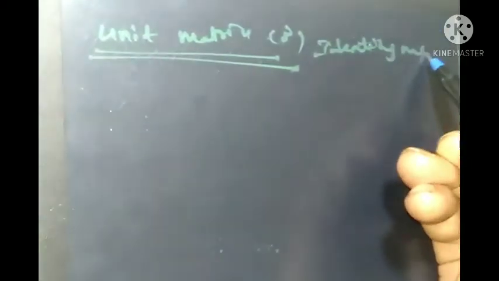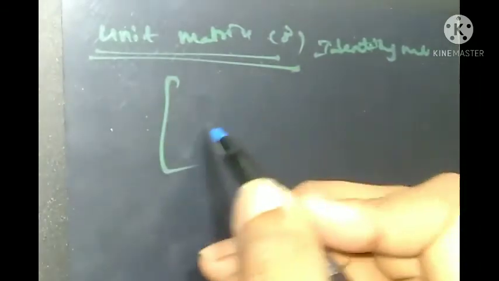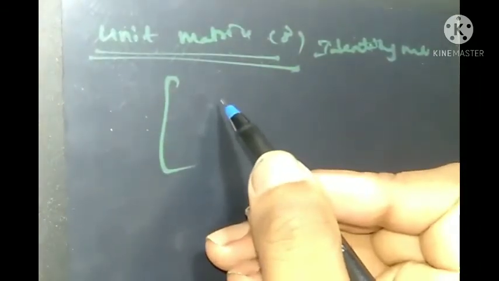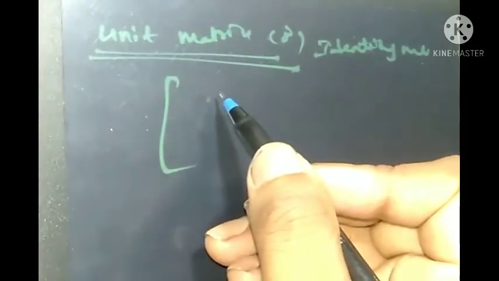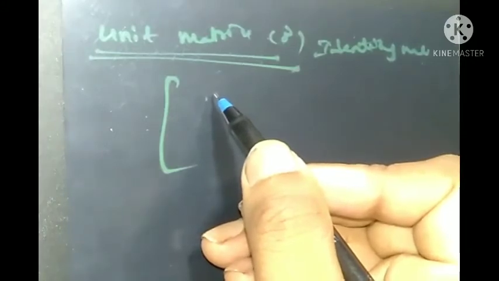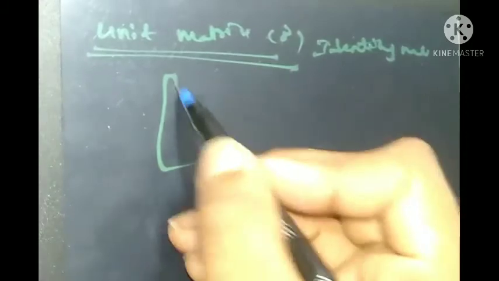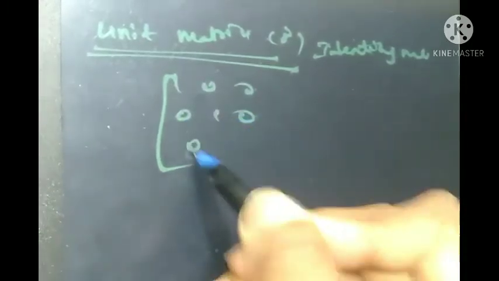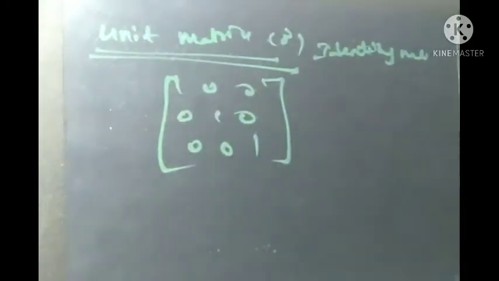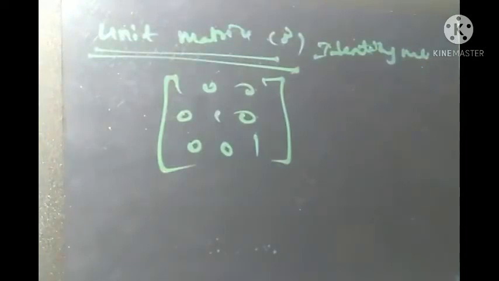That means 1 0 0, 0 1 0, 0 0 1. This is also a diagonal matrix in which all the diagonal elements are equal to 1.